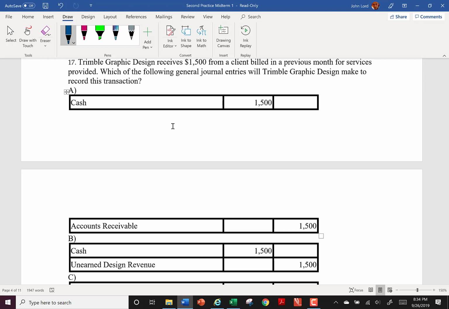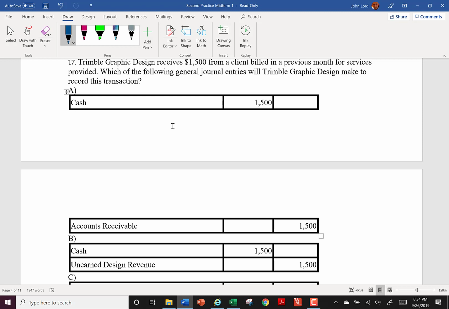What's so funny? Okay, now you come over and you take a look, and we have Trimble Graphic Design receives $1,500 from a client billed in a previous month for services provided. Which of the following journal entries will Trimble Graphics Design make to record this transaction?